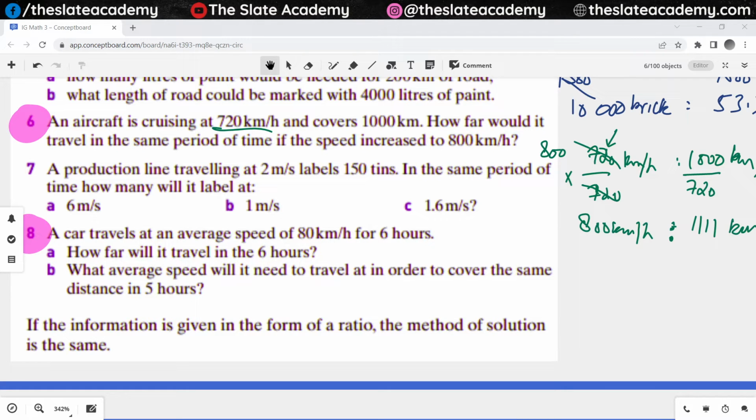There would be a number, but it's difficult to find. So what I would instead do is first find it for 1 kilometer per hour. How much distance would it cover? So I divide both sides with 720. And once I've got it for 1 kilometer per hour, then I can multiply it with 800 and it will give me the answer for 800 kilometers per hour.